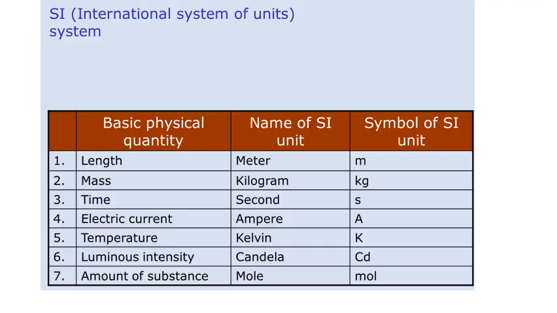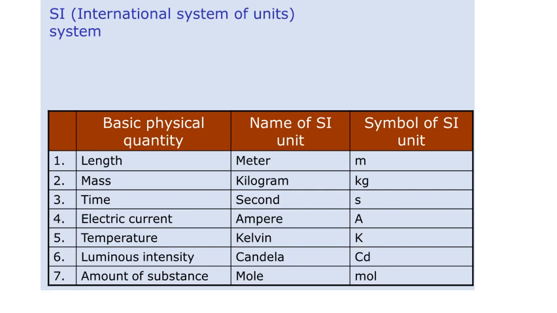International system of units. We have basic physical quantities. They are 7. These are basic. We have length and mass and time and electric current and temperature, and luminous intensity and amount of substance.